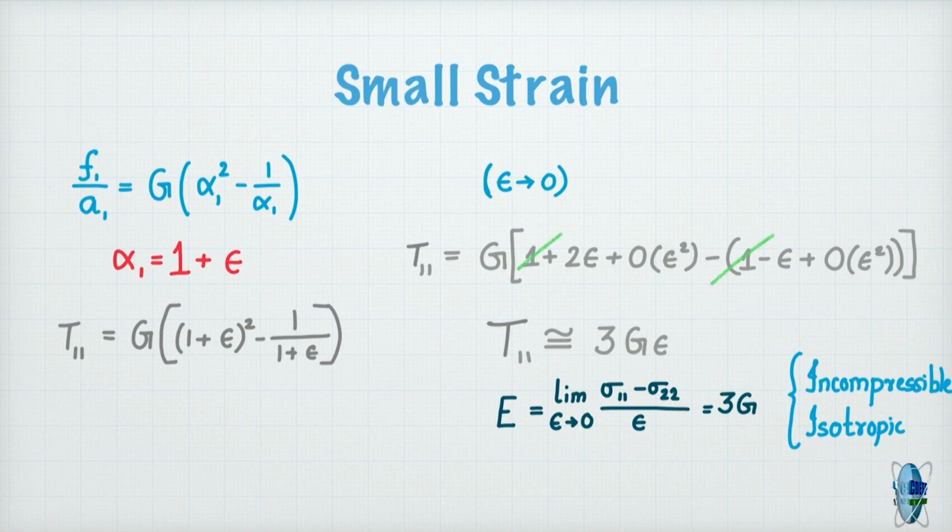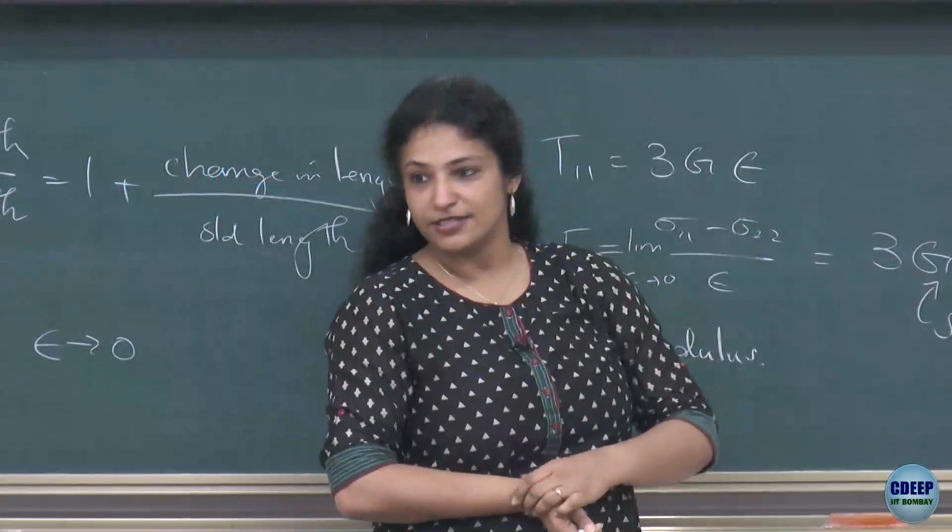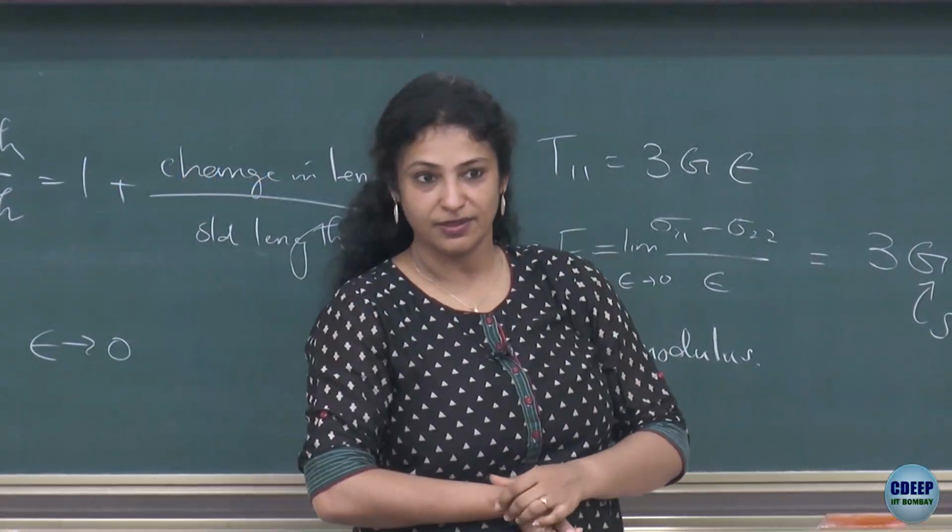Now, in deriving this, we have used the assumptions of the material being incompressible and isotropic. If you were to remove the incompressibility requirement, then you would add the Poisson's ratio into the picture, right?